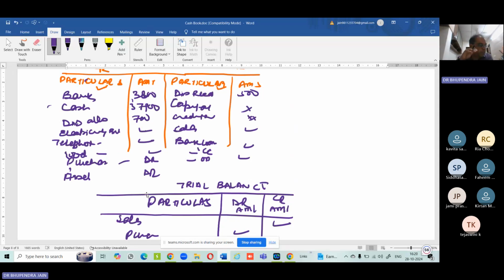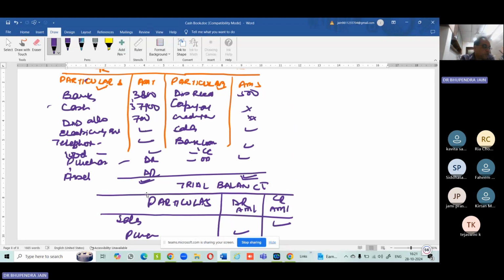Now, once you prepare the trial balance, you should keep in mind the authenticity and clarity at the time of posting, preparing the ledger and calculating the closing balance of the account, because the closing balance we transfer to the trial balance. After writing all the debit balances and credit balances in the trial balance, by either method, the next step is we make the totals, and the total of the debit side and credit side must be equal.